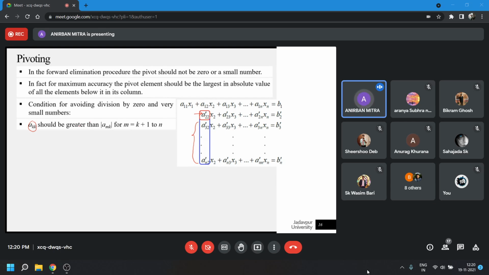So we can express it like this: the absolute value of akk should be greater than the absolute value of amk, for m varying from k plus 1 to n.